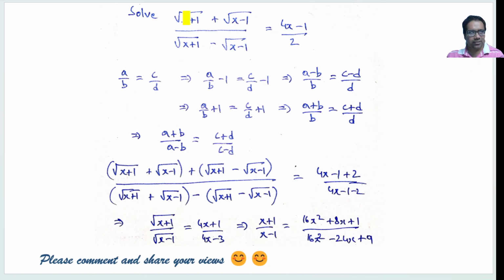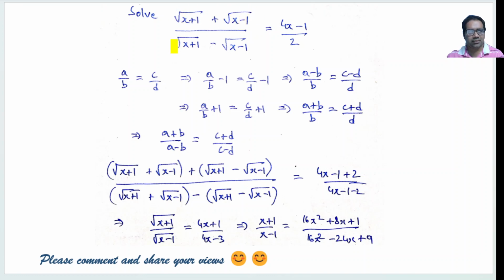Let's use this now. This is a, this is b, this is c, this is d. In this equation, what is our a? a is root of x plus 1 plus root of x minus 1, right?